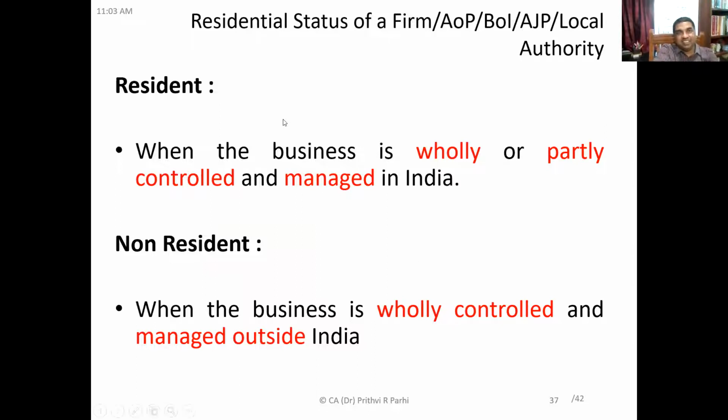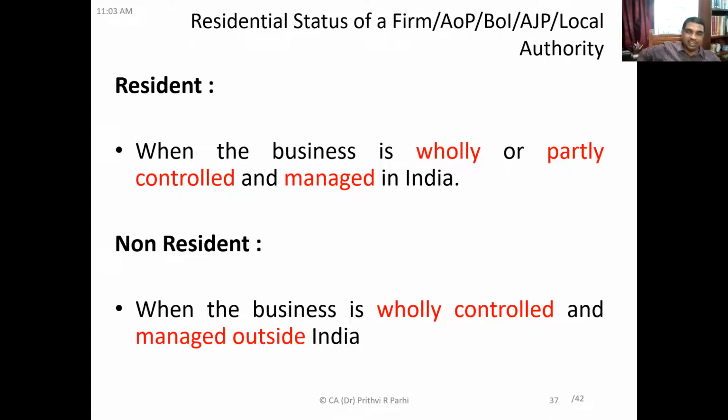Now, friends, let us see the residential status of all other assessees, including firm. Here we'll be talking about firm, AOP, BOI, AJP, local authority. For all of them, the rules are quite simple. These persons will be considered resident when the business is wholly or partly controlled and managed in India.